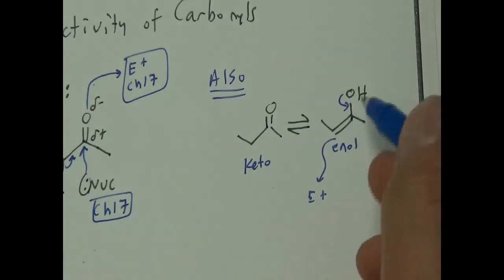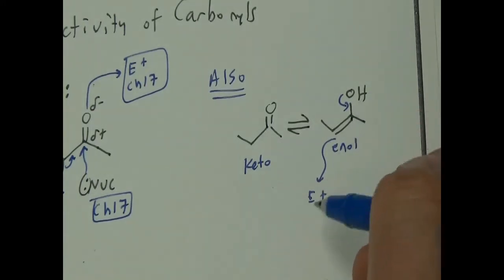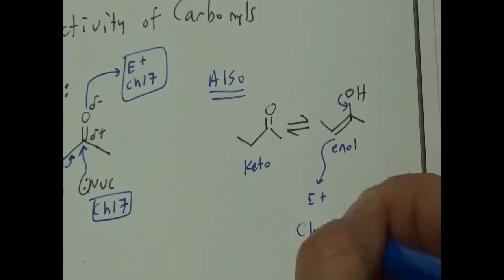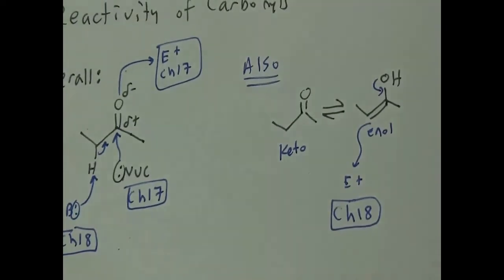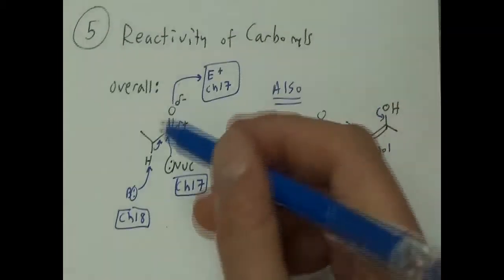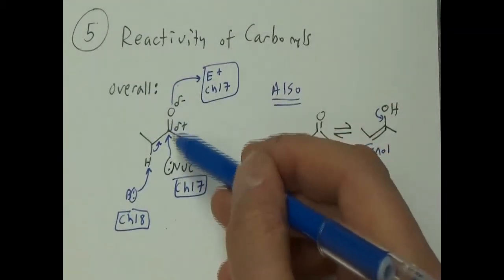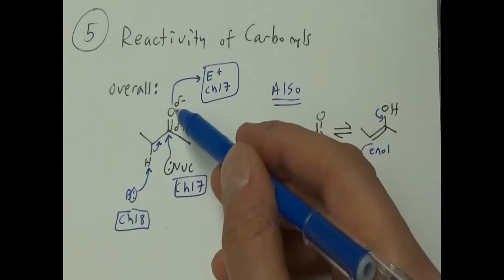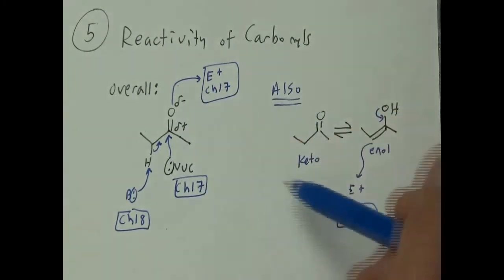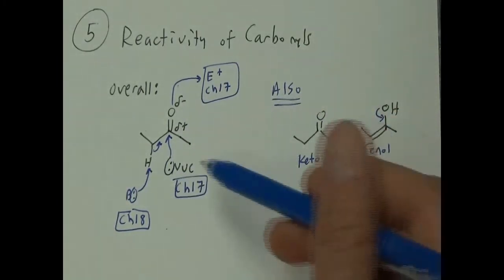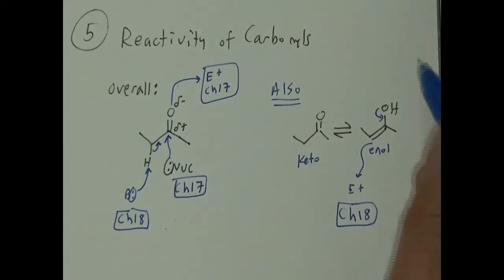So the enol is actually nucleophilic. Enol can attack stuff. So this is all chapter 18 also. So you can see that chapters 17 and 18 are kind of complementary. 17 is stuff attacking the ketone or aldehyde and maybe the oxygen being a nucleophile, whereas 18 will be stuff related to the next door position. Okay.